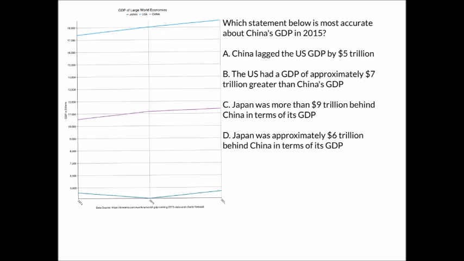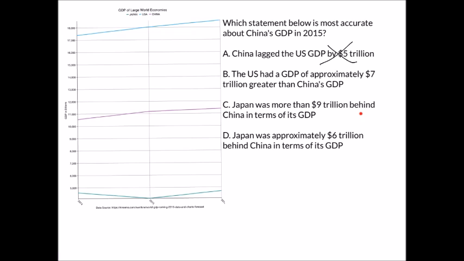Yeah, so about 7. So China lagged the U.S. GDP by 5 trillion would be untrue because we see here that there's actually a 7 trillion gap in 2015. So we already know that that's the answer. But now just look at a few other of these.